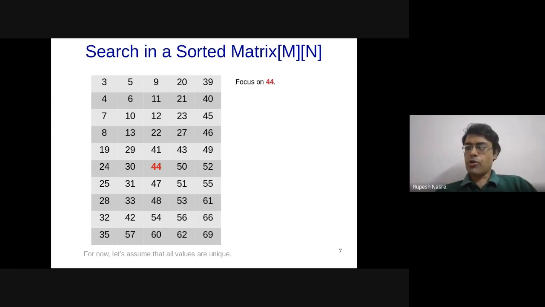What can you say about different values if you have to search? So I come to the middle of this matrix, that is the middle of the rows and the middle of the columns, and I am searching for some value. Let's say I am searching for 61. Right? What can you say about searching 61?